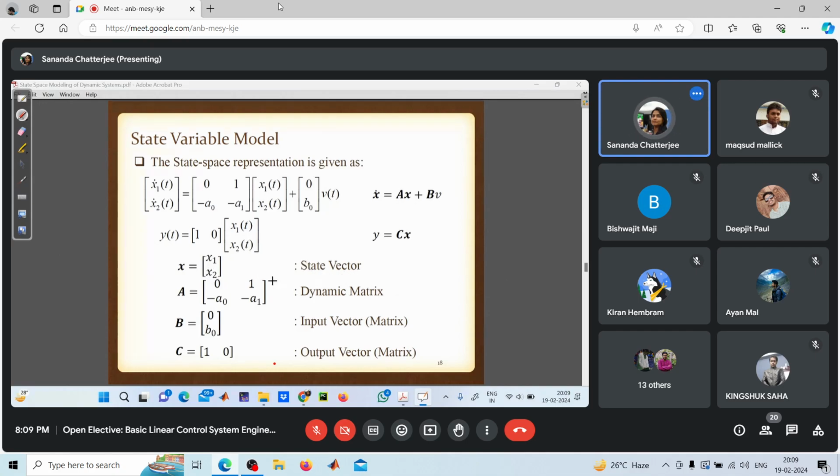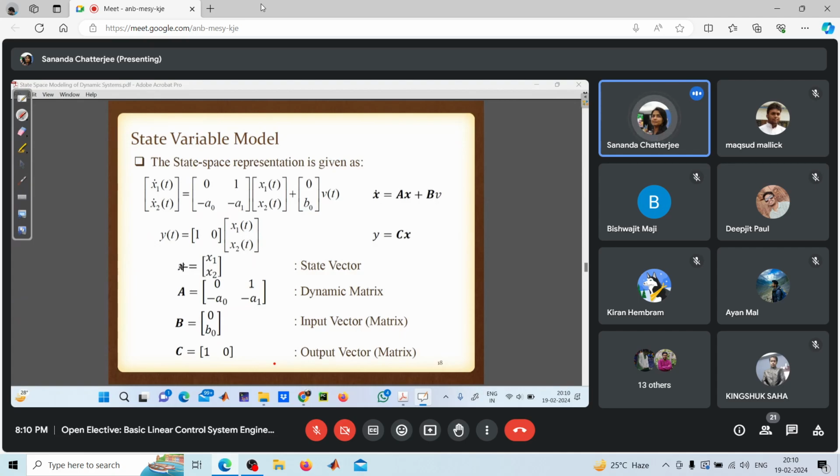So in general, for a system having n number of energy storing elements, it will require an nth order differential equation, and in that case the state vector will have n components, x1, x2, up to xn. So this is the generic representation of a state vector, which will include all the states stacked as a vector.